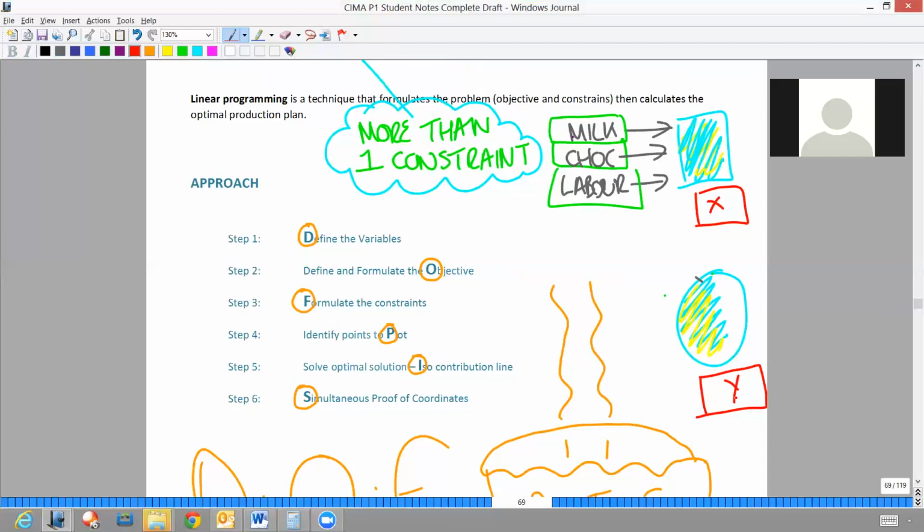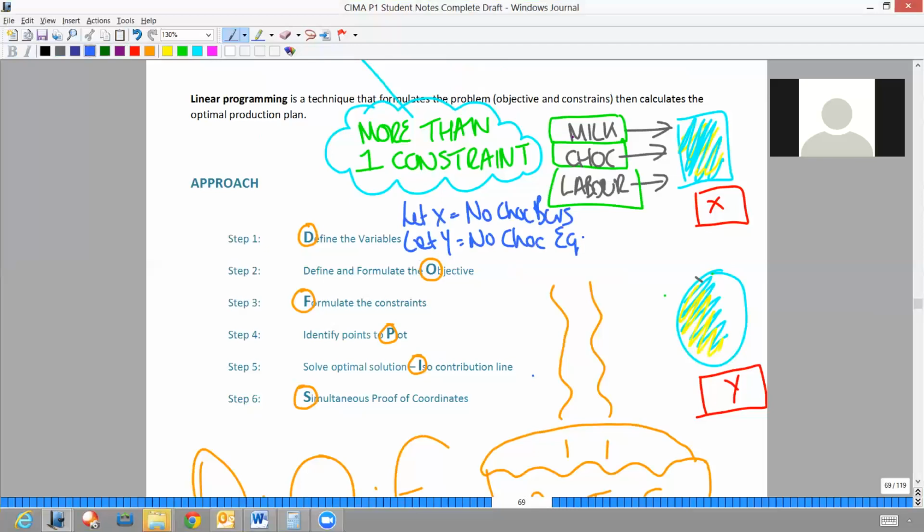And so you are going to state that X will be the number of, let's say, chocolate bars, and Y will be the number of chocolate eggs.